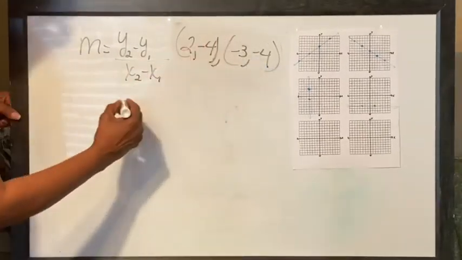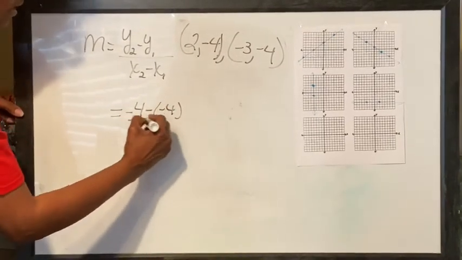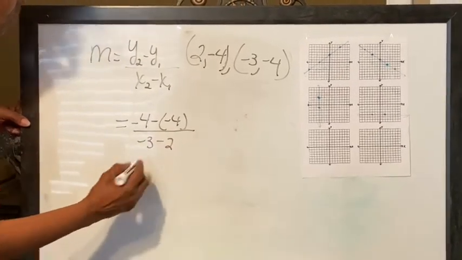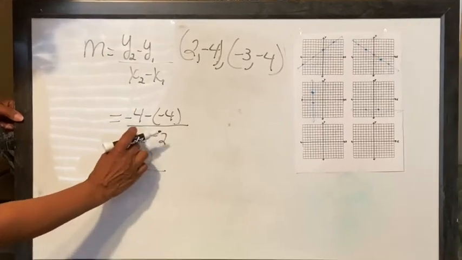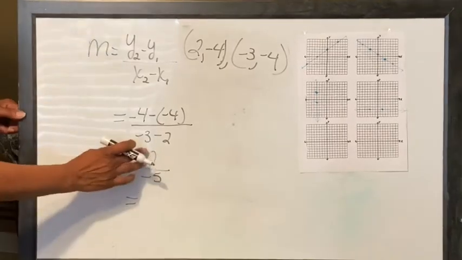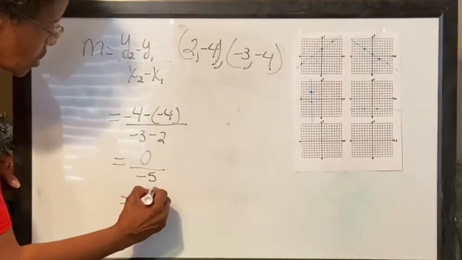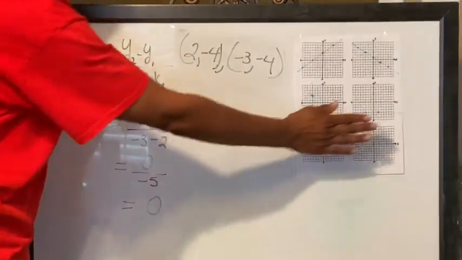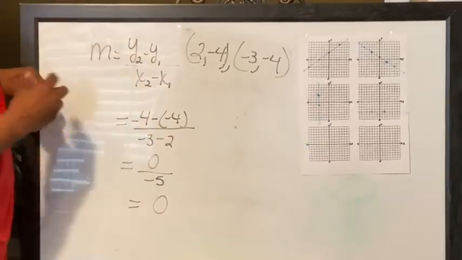As I substitute, I'll do -4 minus -4 divided by -3 minus 2. -4 minus -4 is 0. -3 minus 2 is -5. And you have been taught that 0 divided by a non-zero number gives you 0. So this gives you a slope of 0. So that lets you know that the slope of a horizontal line is 0. The slope of a vertical line is undefined.